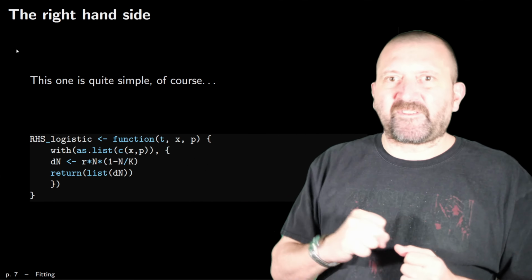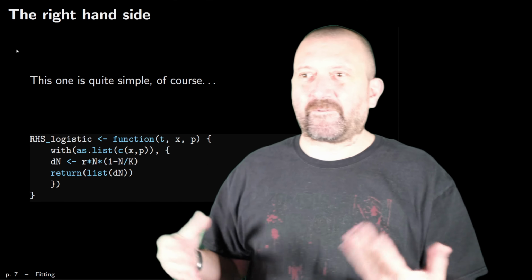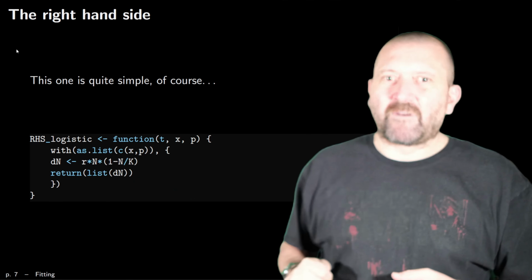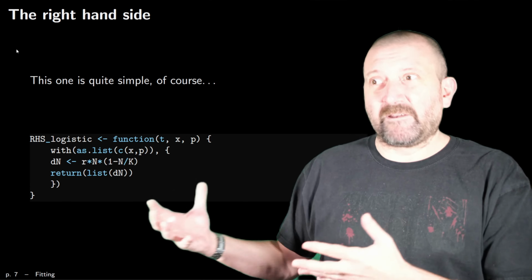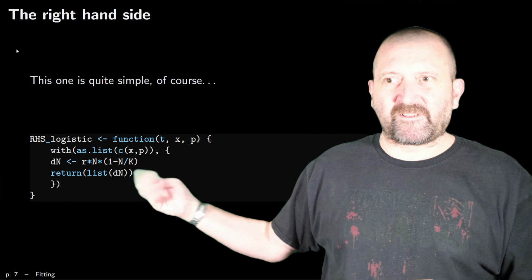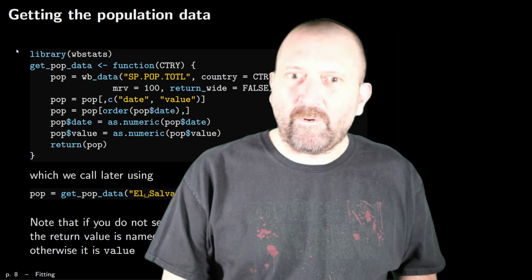Now, to do that, we need to set up the system. It's rather simple. We have a right-hand side equation. We've seen that a few times now, so I'm not going to detail it very much. We write down n prime equals r n (1 minus n over K), which is exactly here. It's a single equation. It's quite simple.